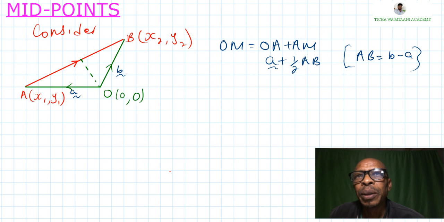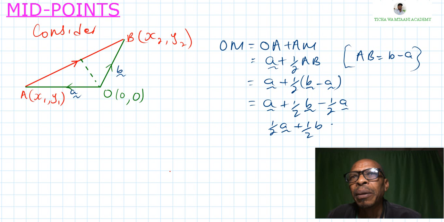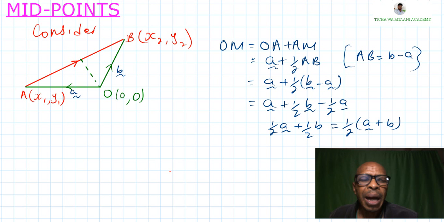We say this is equal to A plus a half of B minus A. When you open the bracket, you get A plus a half B minus a half A, which gives a half A plus a half B. We can factor out a half and we are left with A plus B, or you can write it as A plus B divided by 2.